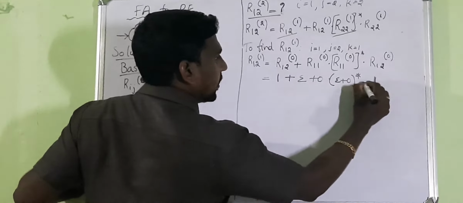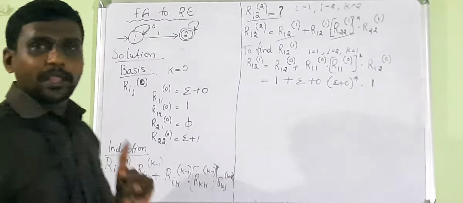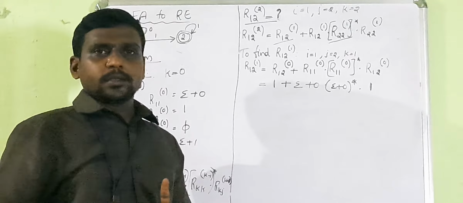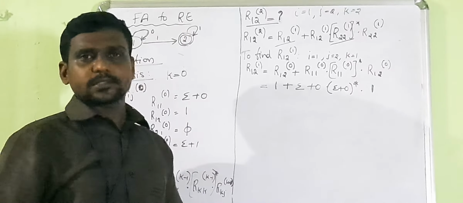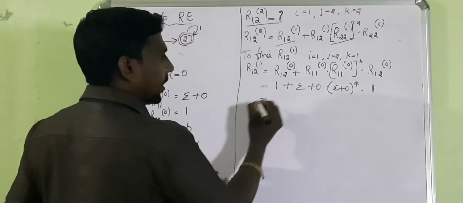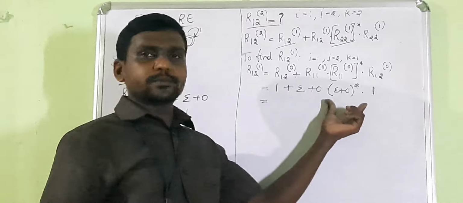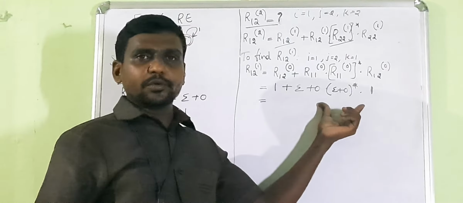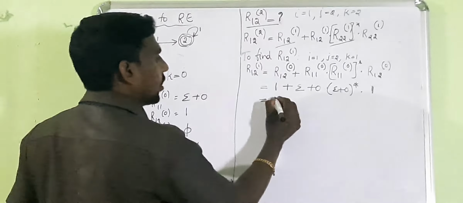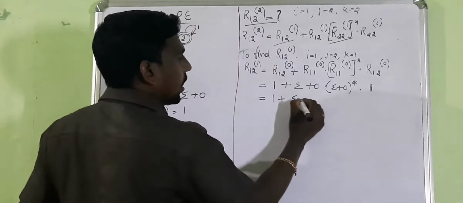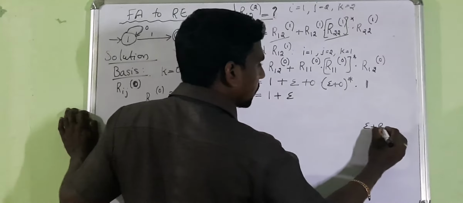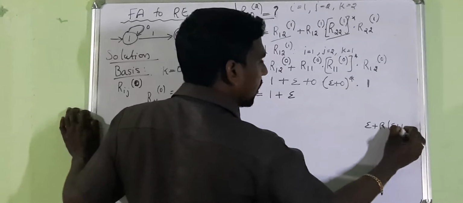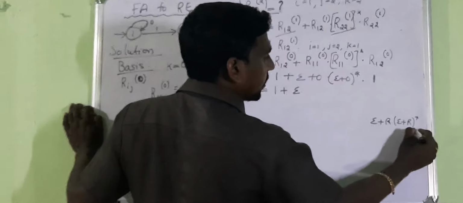Now here we want to apply the minimization rule. Do you remember we studied the minimization rules in a separate video class? So that rule we have to apply: epsilon plus R into epsilon plus R the whole star equals R star. So 1 plus epsilon plus R into epsilon plus R the whole star equals R star, as we studied.